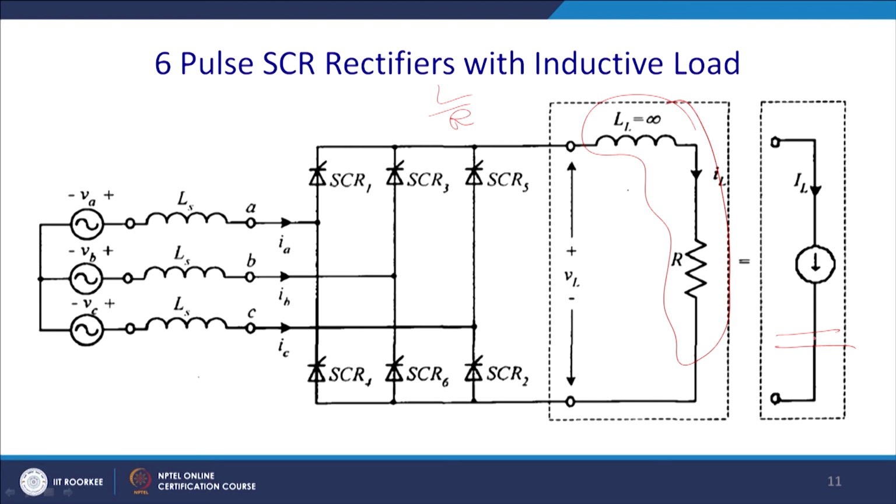And then what will happen? You will have a constant current source, and if you take these thyristors, what will happen?